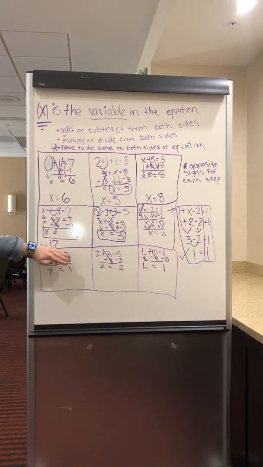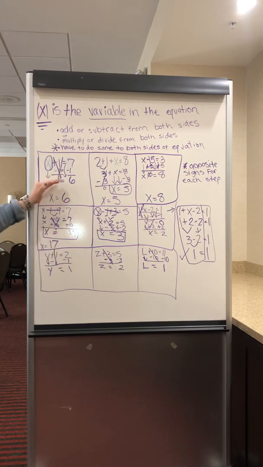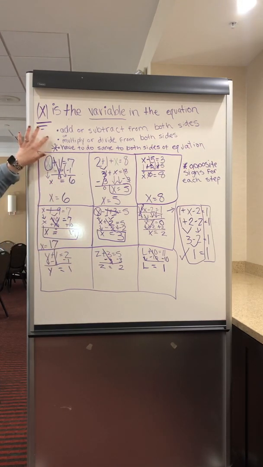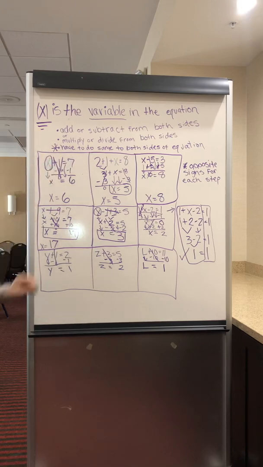So here are the basic steps on finding your variable, adding or subtracting by using opposite signs to find your variable.